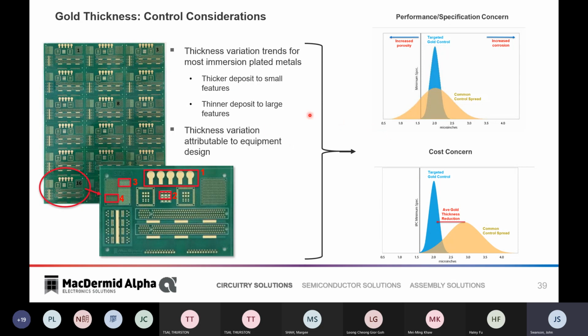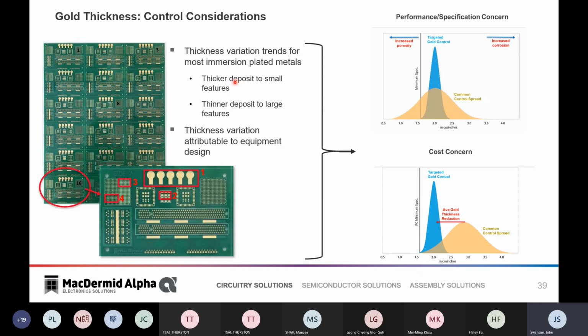But basically, if we look at a circuit board surface, you will know that there are many types of features on a circuit board surface. And these features vary. For the bigger features for an immersion coating, it's common to have thinner deposits on large features, as I'm highlighting here.